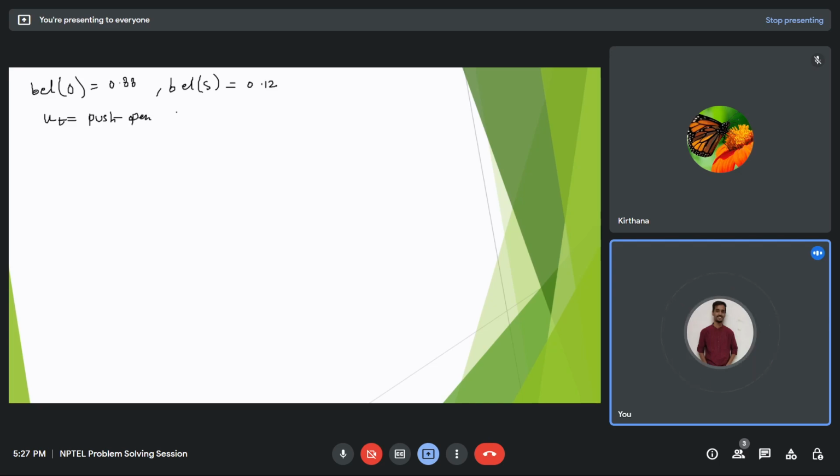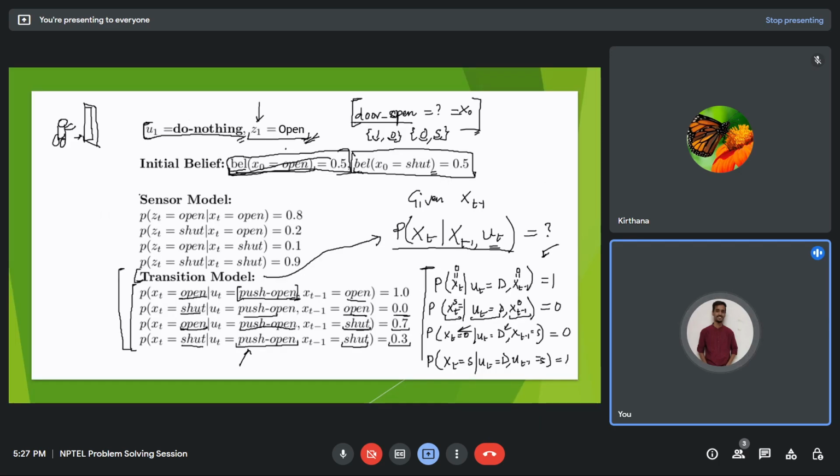So now you will use this transition model. Previously we had used this transition model when the robot had done nothing. Now the robot has pushed to check if it is open or not. So we'll use this transition model to get our prediction, because we use a transition model to get predictions.